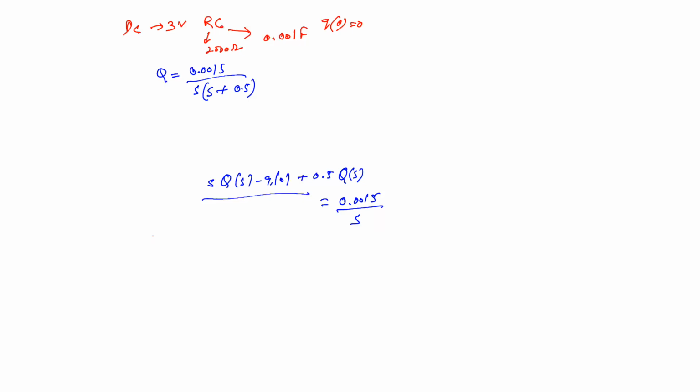I am not going into detail, as it has already been explained and you have done it in mathematics. So I will simply write the coefficients: Q(s) equals 0.003 divided by s minus 0.003 divided by (s plus 0.5).